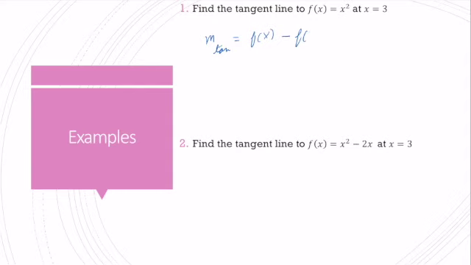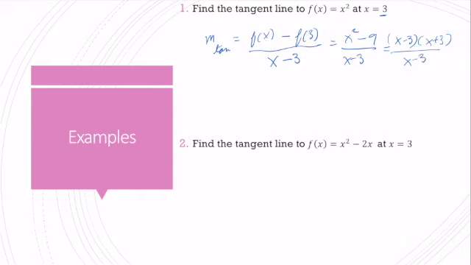So I have x squared minus 9 over x minus 3. My numerator factors, and I am left with x plus 3. I now take the limit as x goes to 3 of x plus 3, and that's going to give me 6.